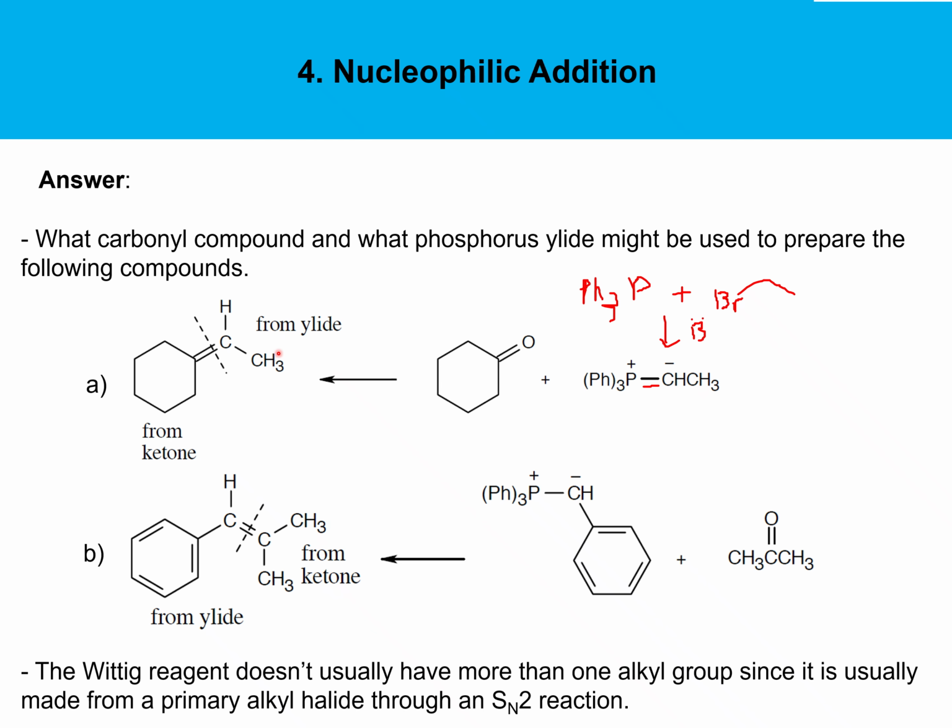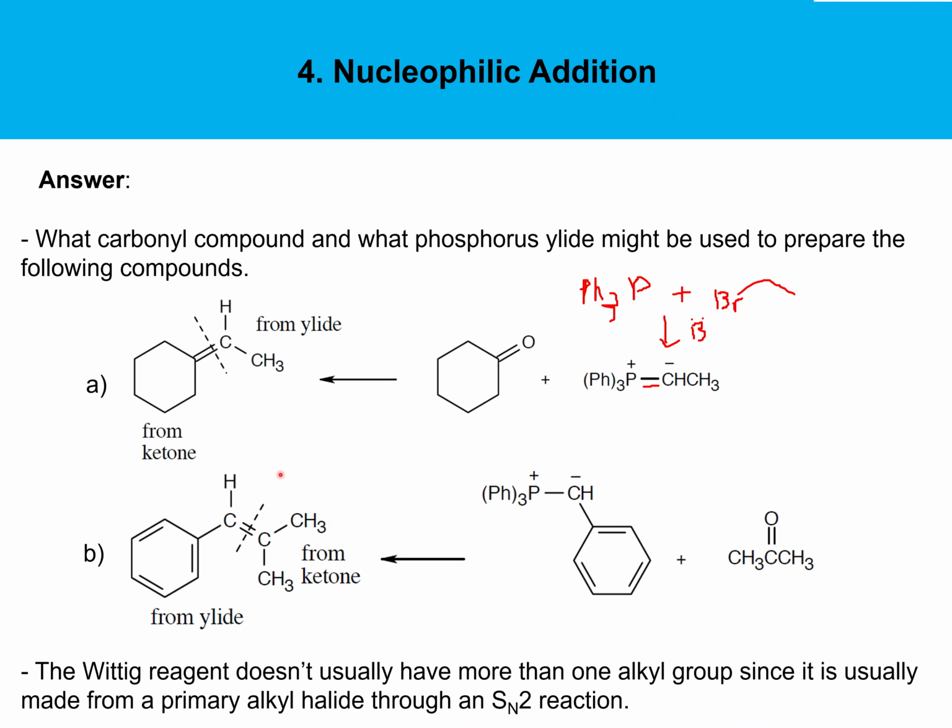For that reason, in order to make this alkene, we would want to use this particular Wittig reagent and this particular ketone, as opposed to breaking the double bond the other way, where this becomes the ketone and this becomes the alkyl halide. That would make the alkyl halide a secondary alkyl halide, plus it is part of a cyclohexane ring, which is not helpful for the SN2 reaction.